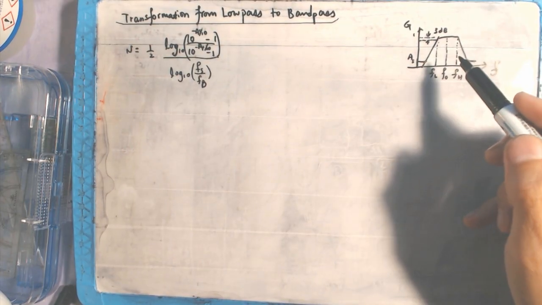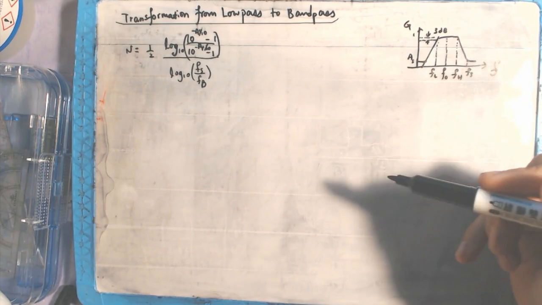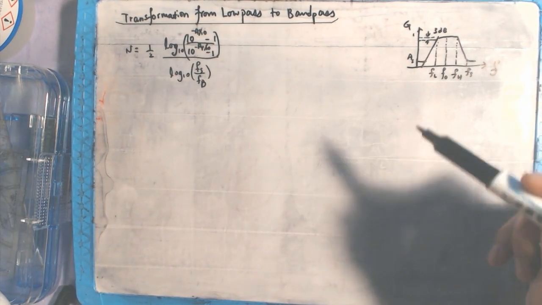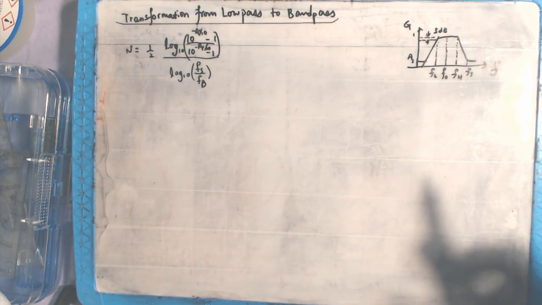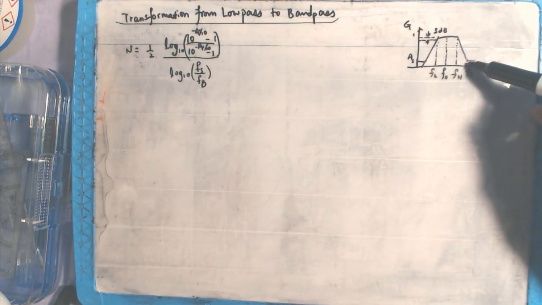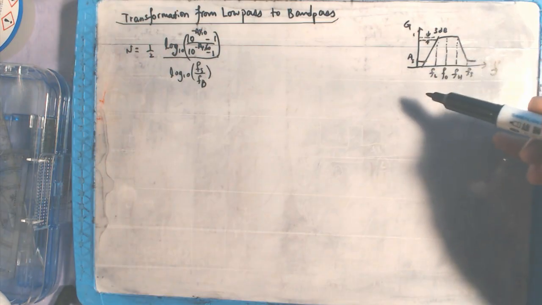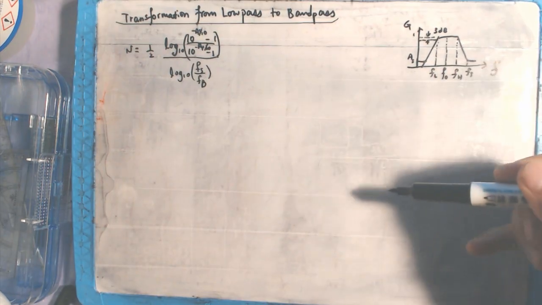What is the minimum order in order to satisfy the specification? So you may be given the stop band frequency and the stop band gain, but you may not be given the order of the filter.